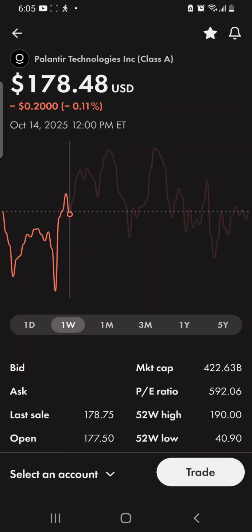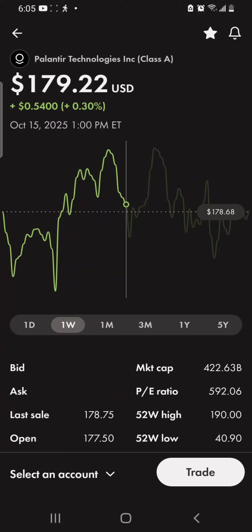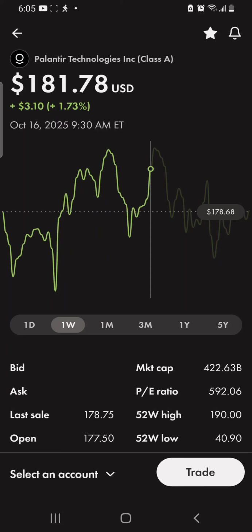So we're going to look at the week chart. When you put your finger on the screen, you can move it to see how the stock behaved for the week, right? So the highest it went for the week was $183.